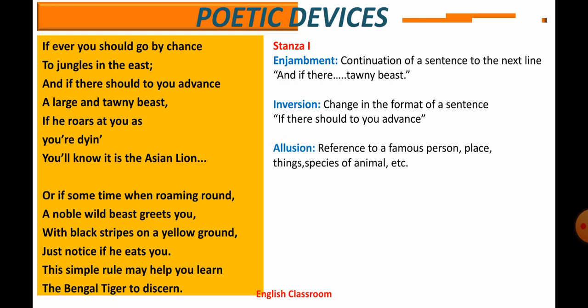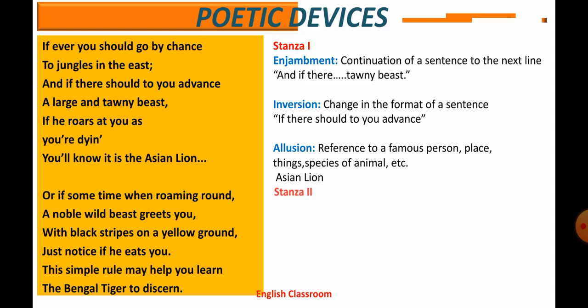Now what is allusion? Allusion is the reference to a famous person, famous place, things, species of animals, some famous books, mythology, etc. Okay, this is called allusion. So here what is referred to? The Asian lion. It is an example of allusion because it is a famous animal.